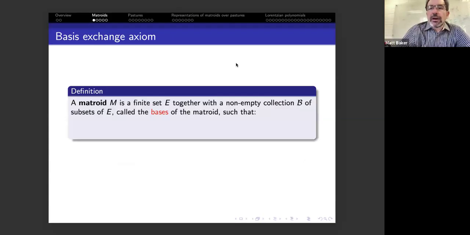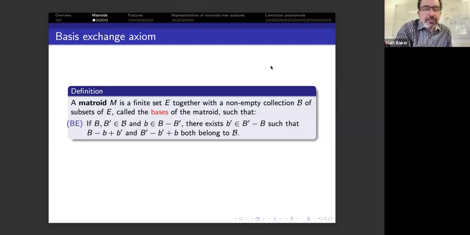All right, so let's start kind of slow with recalling the definition of matroid. So for my purposes, the strong basis exchange axiom is the most natural one to look at. So a matroid is a finite set E together with a non-empty collection of subsets called bases, so that the following axiom is satisfied.